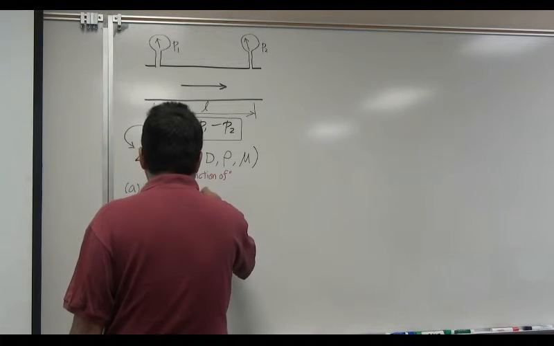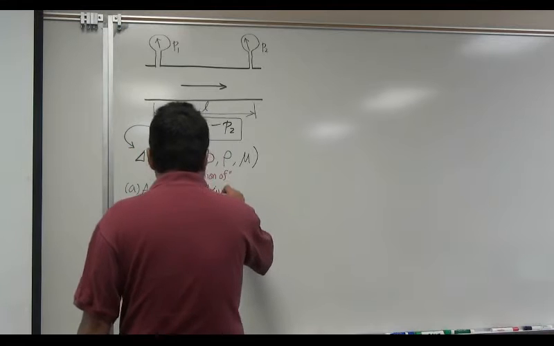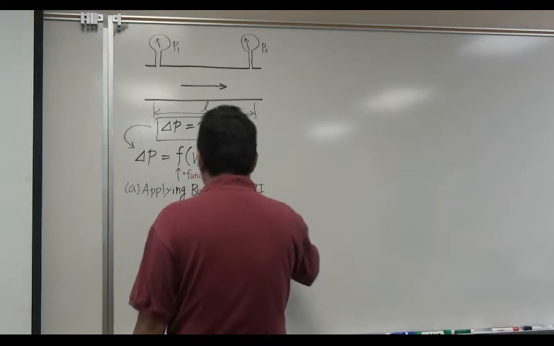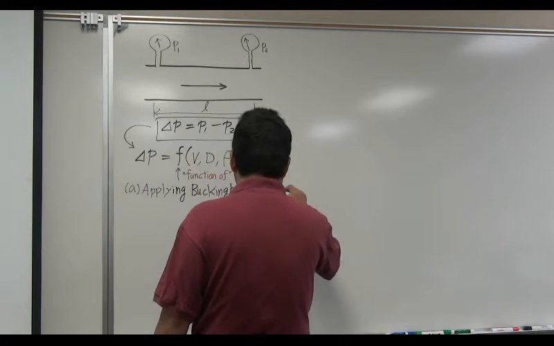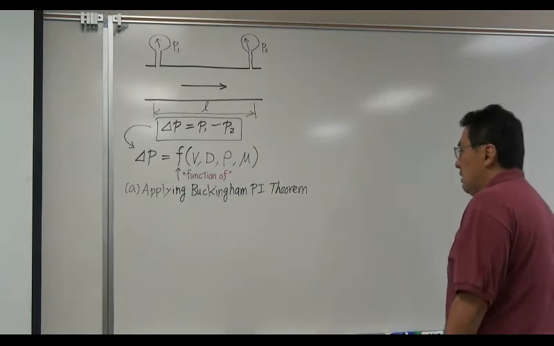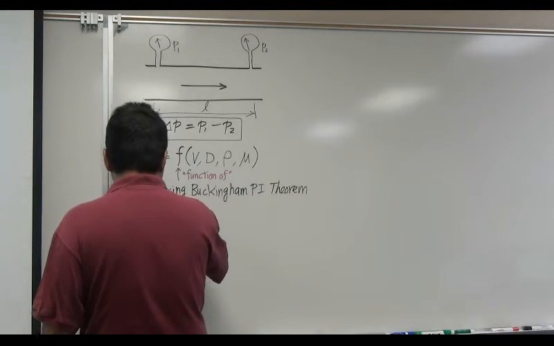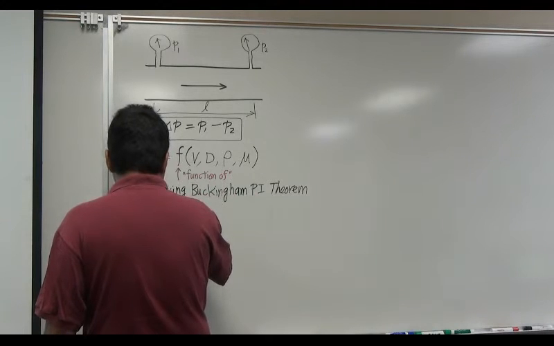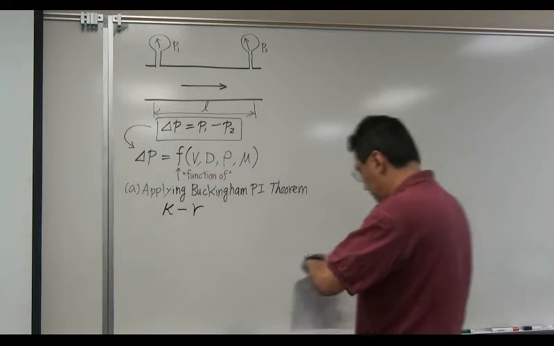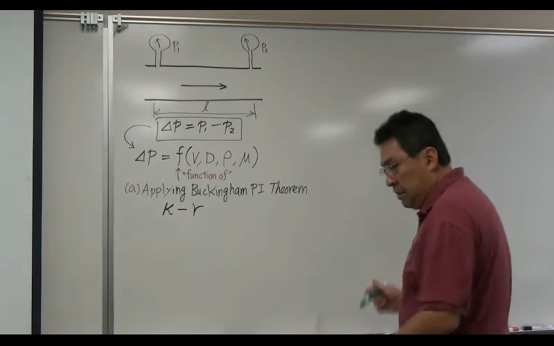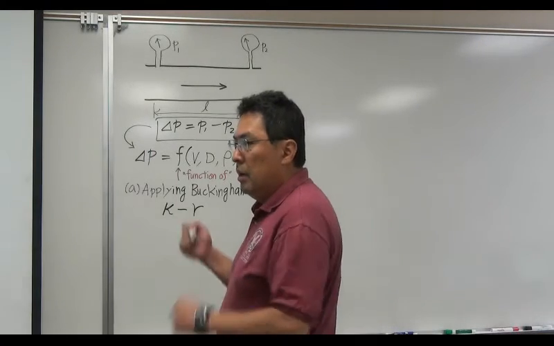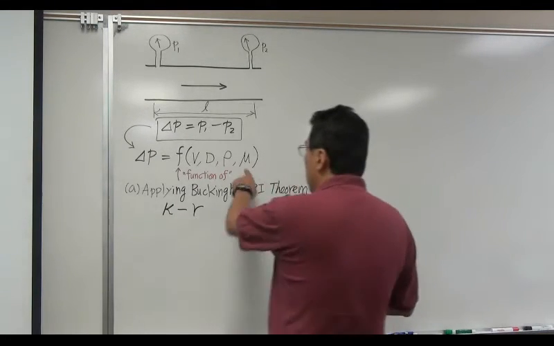Let's apply the Buckingham pi theorem. Buckingham pi theorem: K minus R. Okay? So first of all, K is the number of independent dimensioned variables involved in the problem.